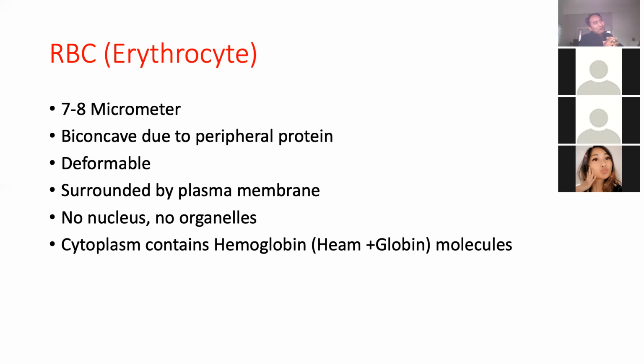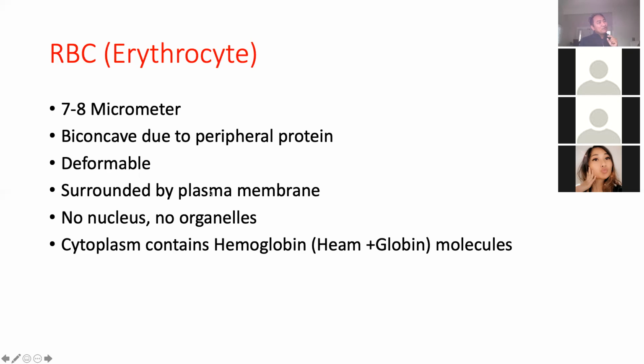It has to change its position slightly to go through the channel. It is biconcave. We have seen that because the proteins are in the periphery. It is deformable. So if the size of RBC is 8 and it is going through the 8 micrometer capillary, it has to deform, change and twist its shape to go through the capillary.